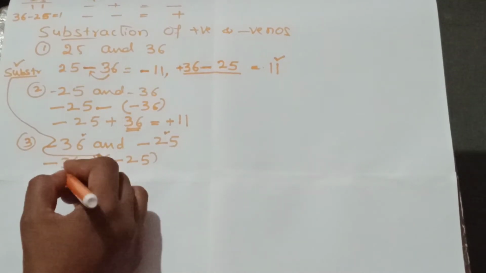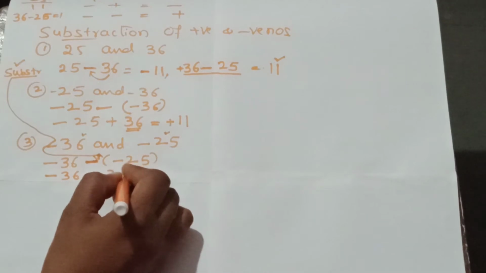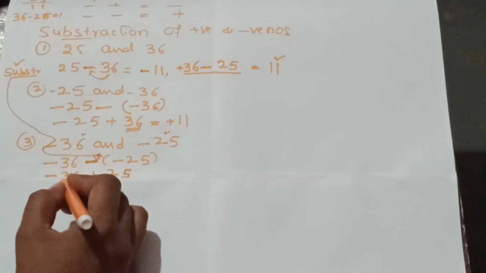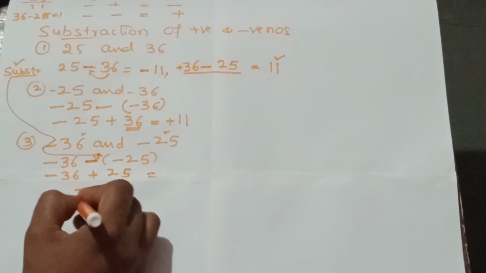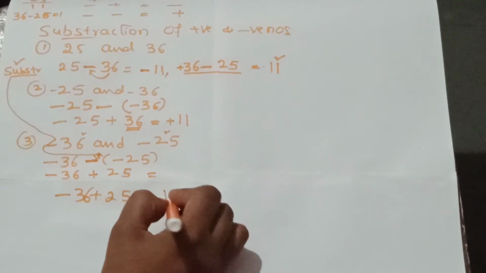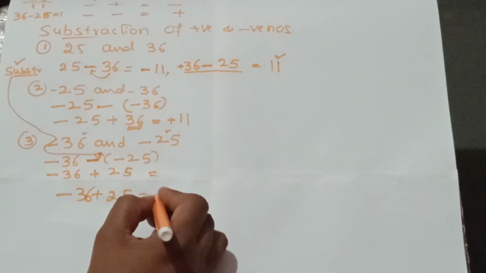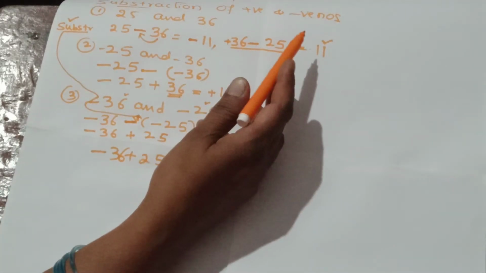Minus 36, and minus and minus once again makes it plus 25. So you have minus 36 plus 25, which gives you 11, but with a minus sign. So this is the subtraction of positive and negative numbers.